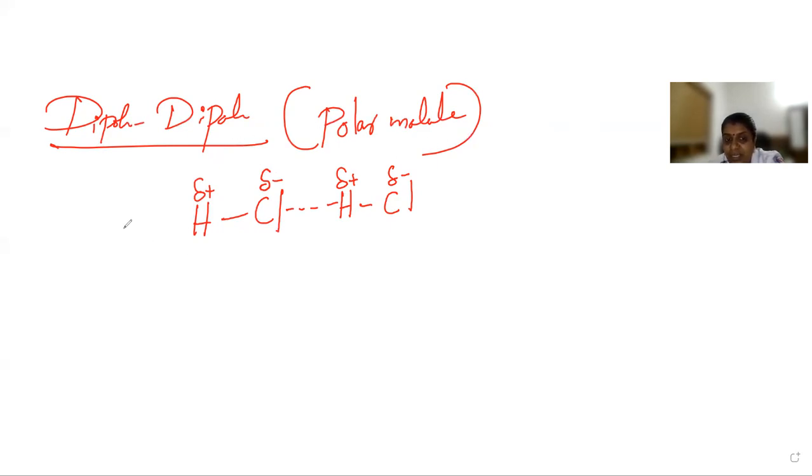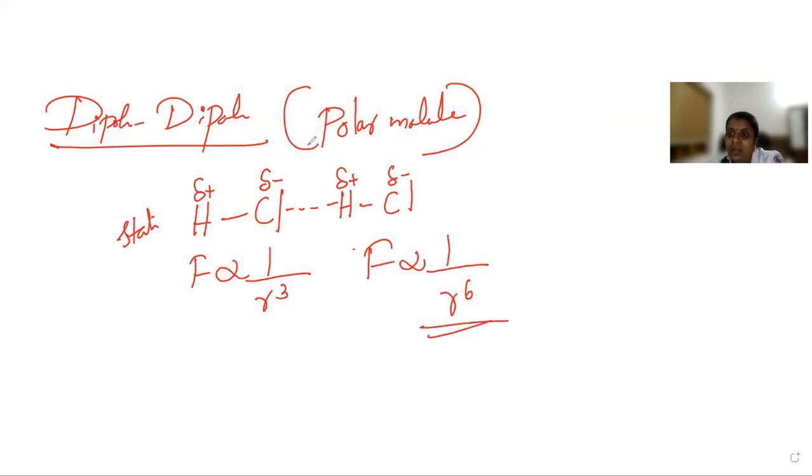If you are taking a stationary molecule, the force is inversely proportional to the 3rd power of the distance between the centers of the molecules. And if you take a molecule which is rotating, the force is proportional to 1 by the 6th power of the distance between the centers. Understand? Now, it is a little bit stronger than London force.